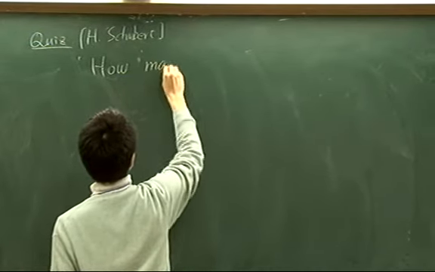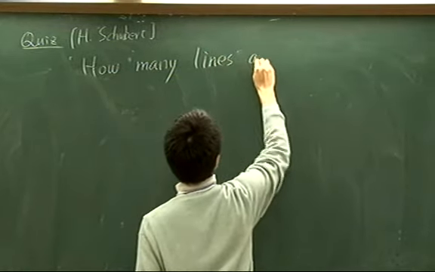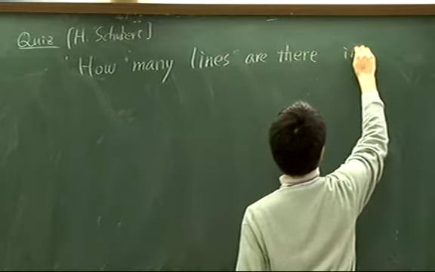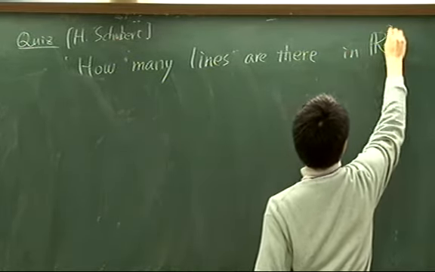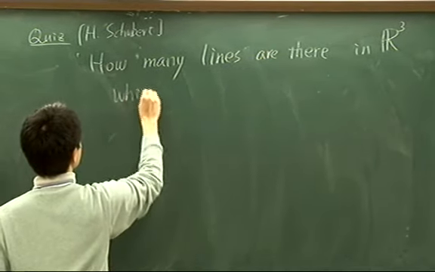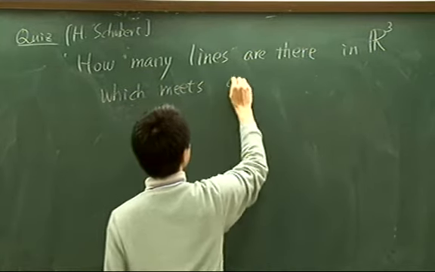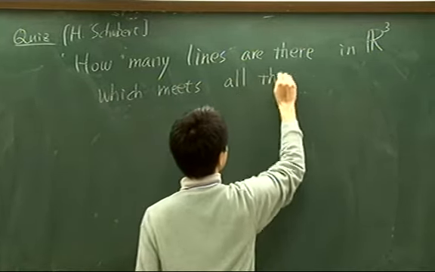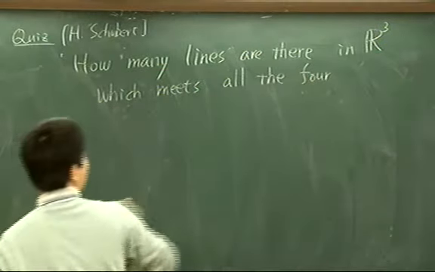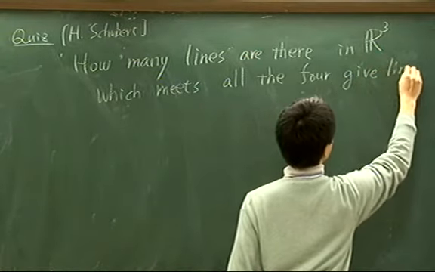How many lines are there in Euclidean three-space which meet all four given lines?